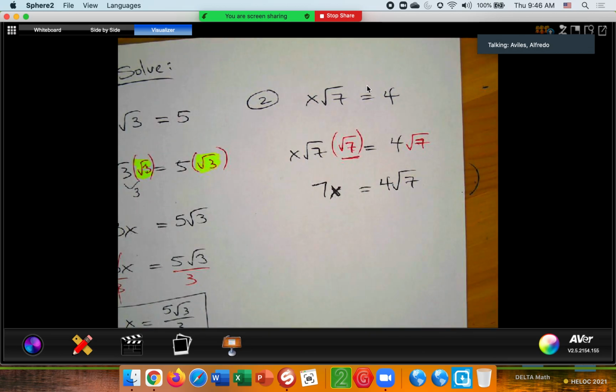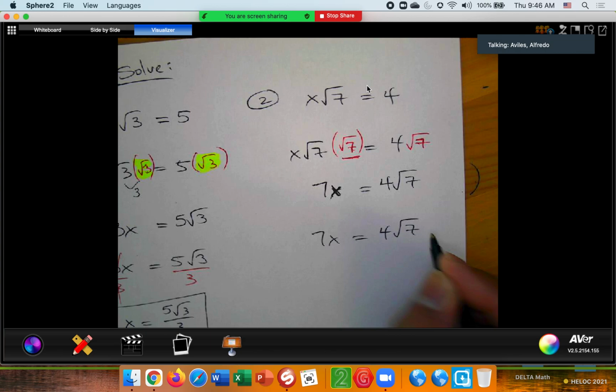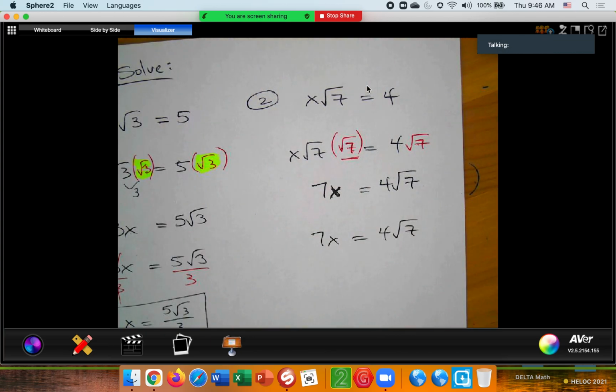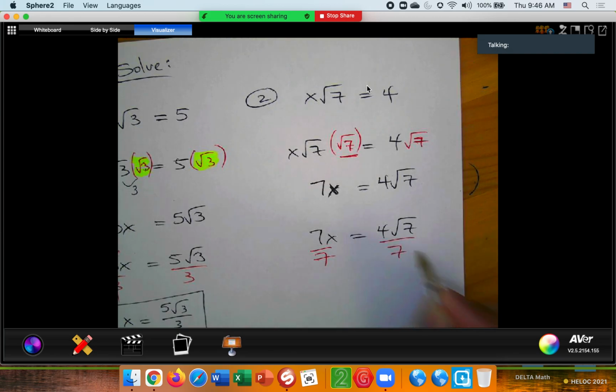Now you can easily finish this problem. How do you solve for x? Tell me, how do I solve for x? Divide by what? The whole number 7. Okay? So you'll get x is equal to 4 root 7 over 7.